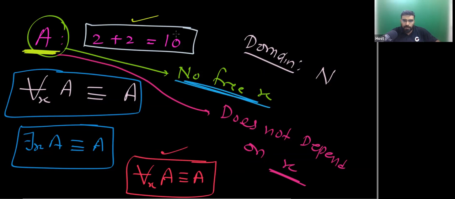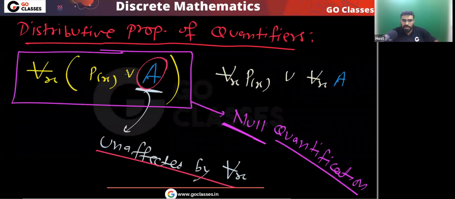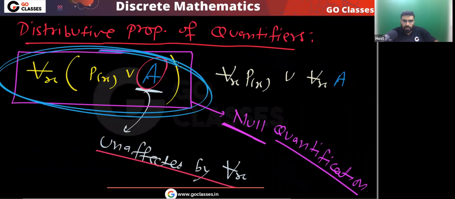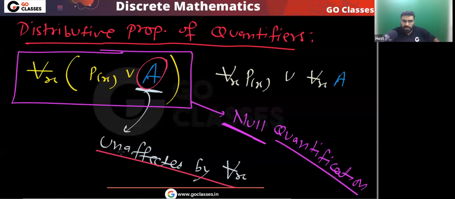So this a is completely unaffected by for all x, and completely unaffected by there exists x. So in your expression, if you have this a, which is unaffected by for all x, this type of expression is called null quantification.